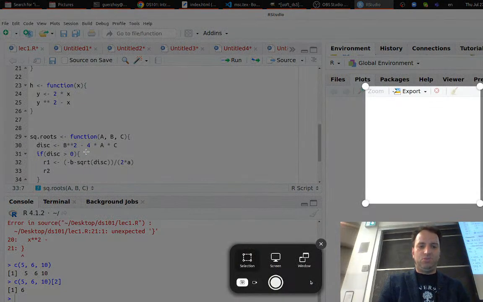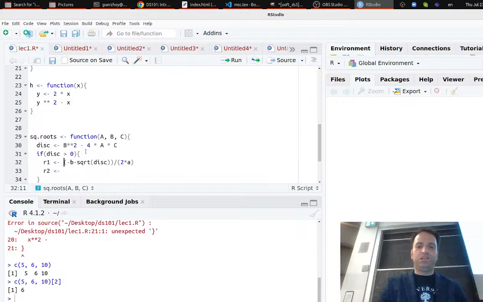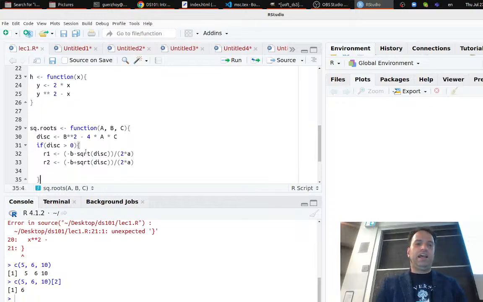And R2 would be the same thing except with a plus. And now the value is going to be R1, R2.